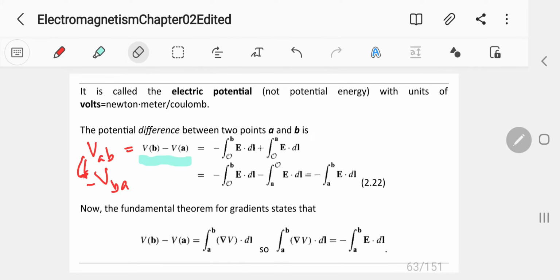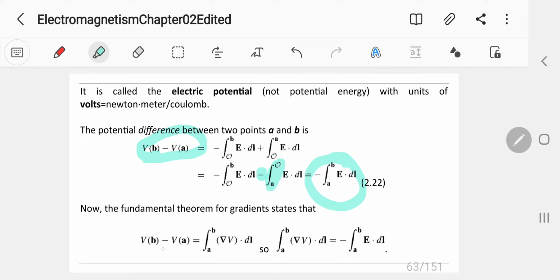Here you have the integral of E dot dl from a reference point to B, minus the integral of E dot dl from a reference point to A. You can reverse the limits, and by reversing the limits you also get a negative sign, and therefore you can combine the two integrals, and V_AB would just be equal to this.